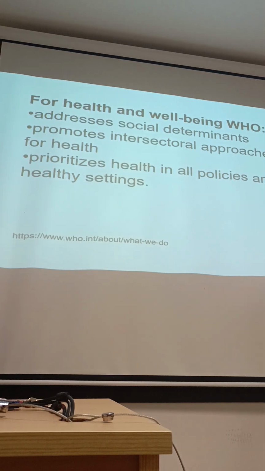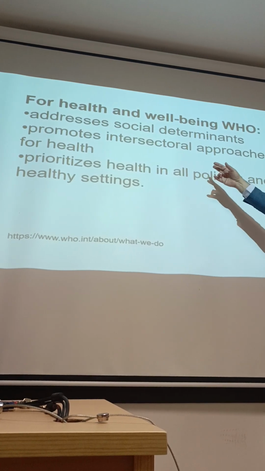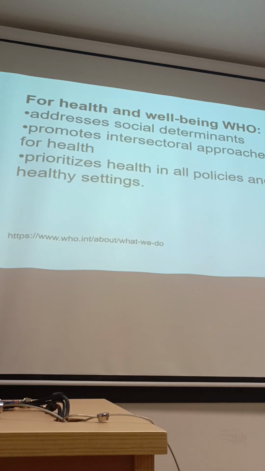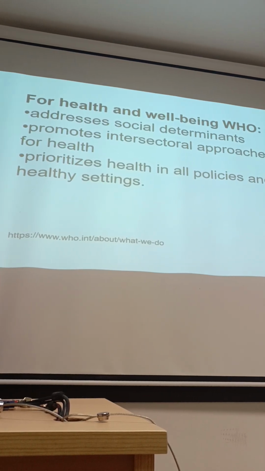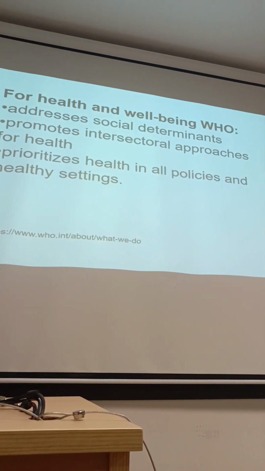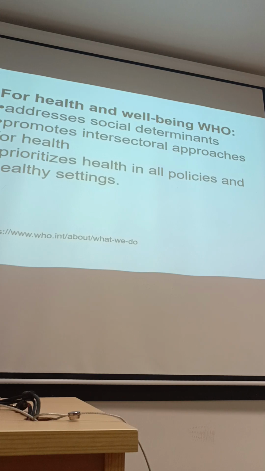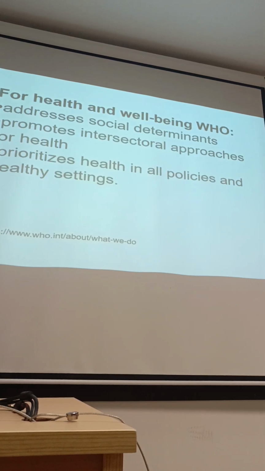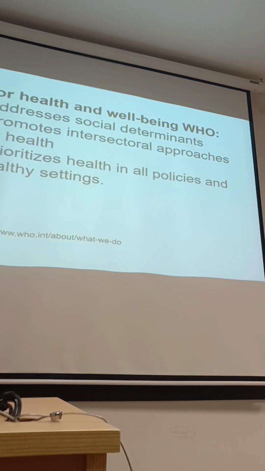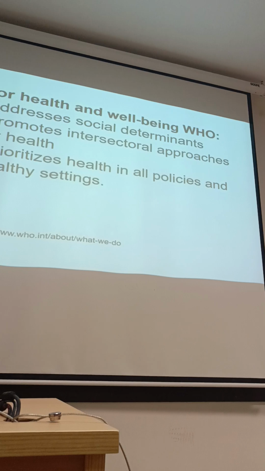So, social determinants of health, intersectoral approach, we talked about this. When there are many factors at community level that are influential on health, if you want to promote health, you should go through an intersectoral approach. All these authorities, all these organizations should work together according to a specific program to promote health.